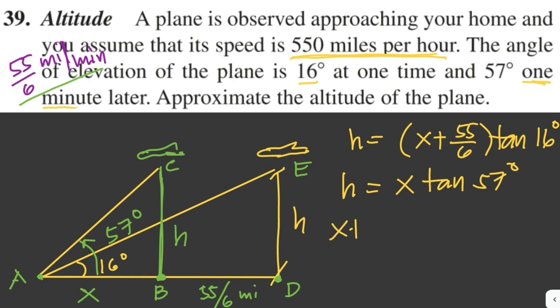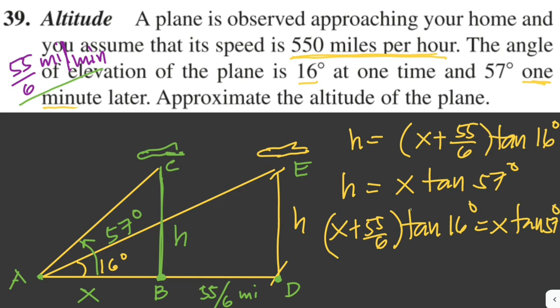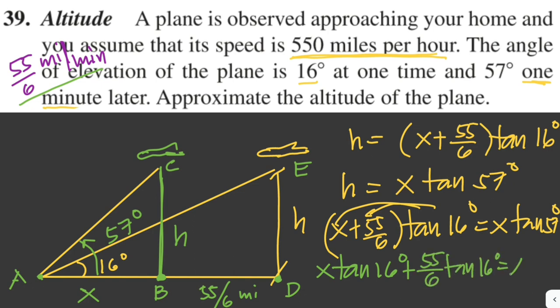So this would be x plus 55 over 6 tangent 16 degrees equals x tangent 57 degrees, and then distribute tangent 16 here. So this would be x tangent 16 degrees plus 55 over 6 tangent 16 degrees equals x tangent 57 degrees.